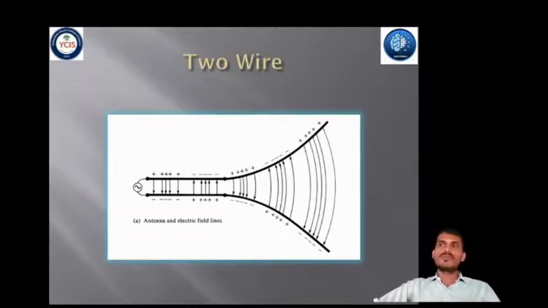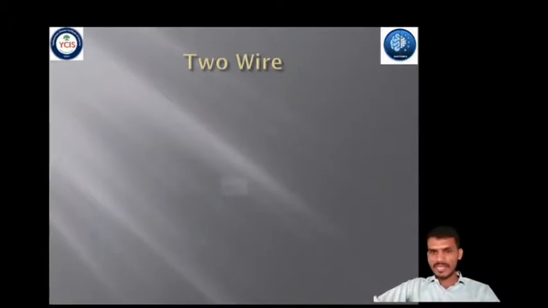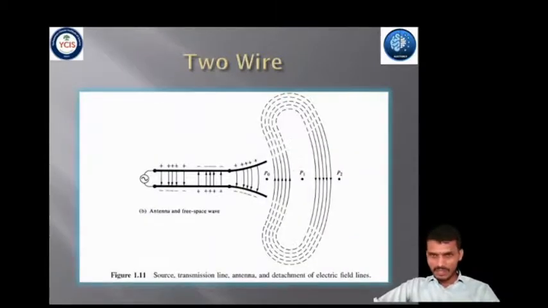If we remove part of the antenna structure from this diagram, we can get the next diagram with this circular loop. Now the free space wave can be formed by connecting the open ends of the electric lines.